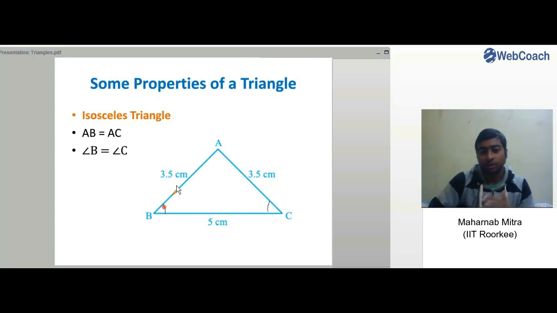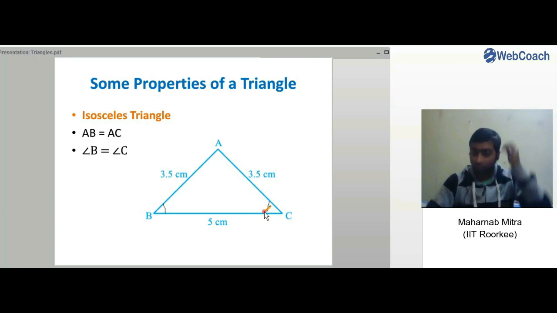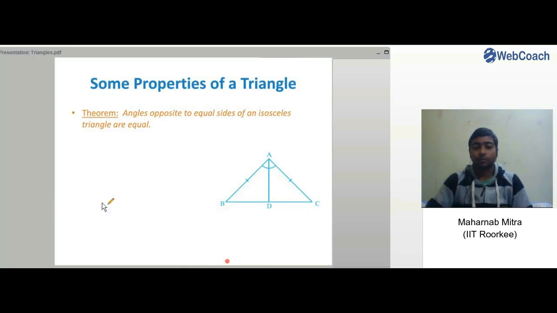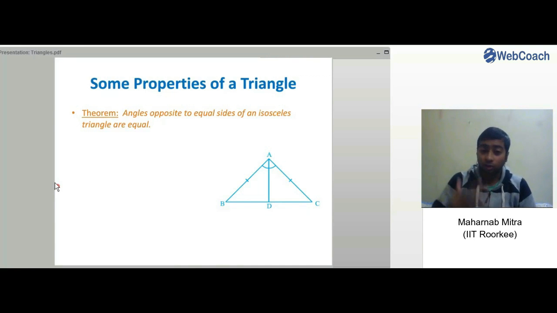Like the angle opposite to side AC is angle B, the angle opposite to side AB is angle C, and these two angles which are opposite to the corresponding equal sides are always equal, right? So let's come to our first theorem, which states that angles opposite to the equal sides of an isosceles triangle are equal. This is our first theorem, right?